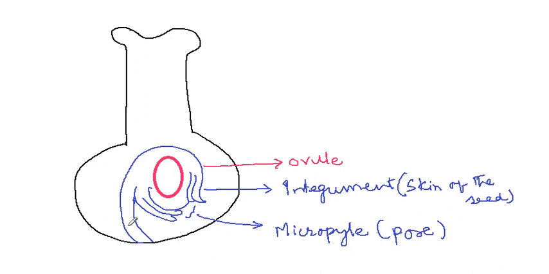Okay, and we can also see that we have a stalk on which the ovule is present. That stalk we call as funicle. Funicle, in the later part, it would become the placenta. Okay, and the site that is just opposite to the micropyle, this region, we call as the chalaza.